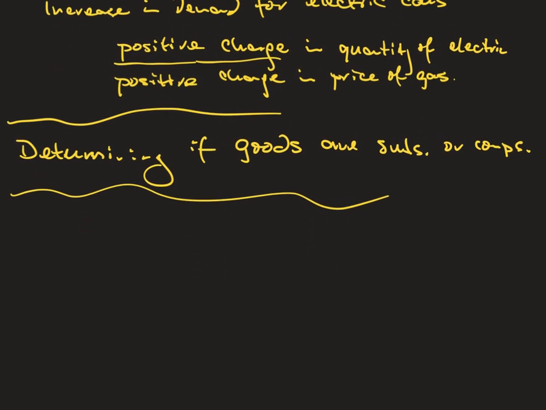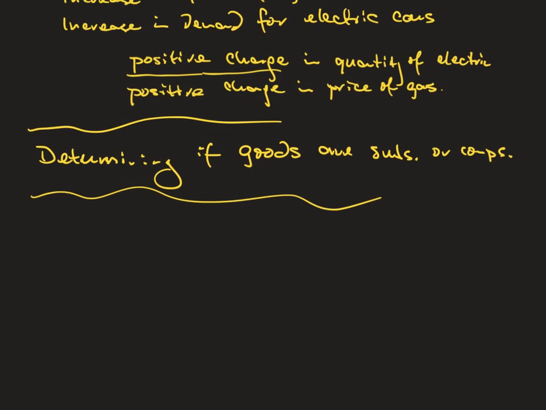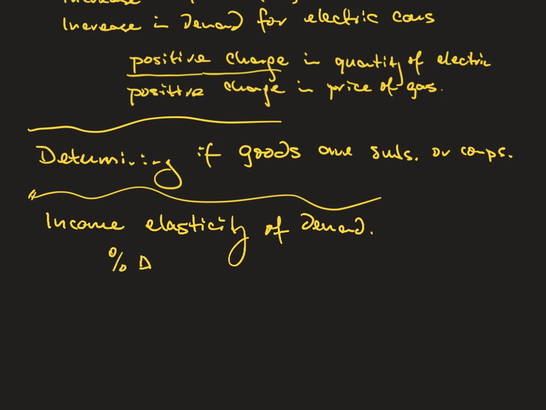Okay, next on the list of elasticities, there is the income elasticity of demand. Okay, and this is the percent change in quantity demanded for a percent change in income.